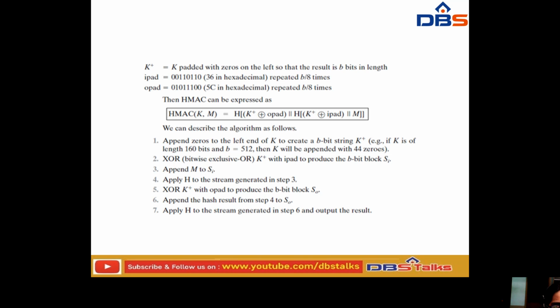So we have to append the message to Si, and apply H to the stream generated in step 3. Then XOR K plus with opad to produce the B bit block So. So we are going to append the hash result from step 4 to So. So we can apply the hash to the stream generated in step 6, and the output will be the result. Okay, by this we have finished this concept.